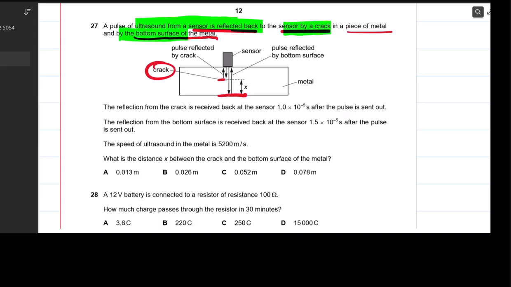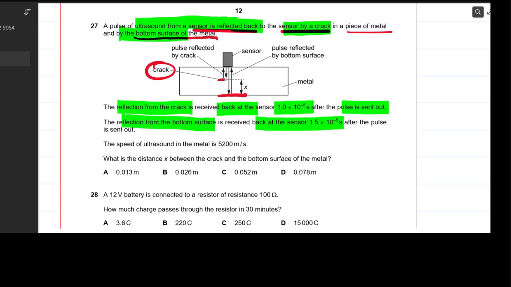The reflection from the crack is received back at the sensor 1 × 10^-5 second after the pulse is sent. The reflection from the bottom surface is received a little later. This is the time after it is sent. The speed of the ultrasound in the metal is given. We have to find the distance between the crack and the bottom.